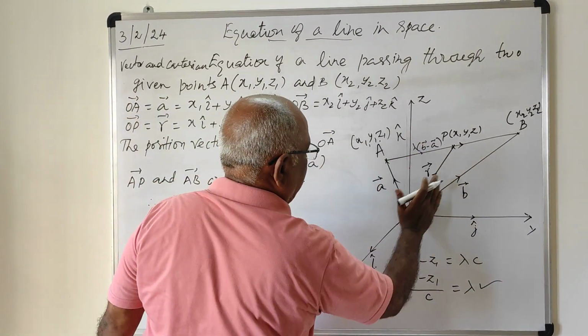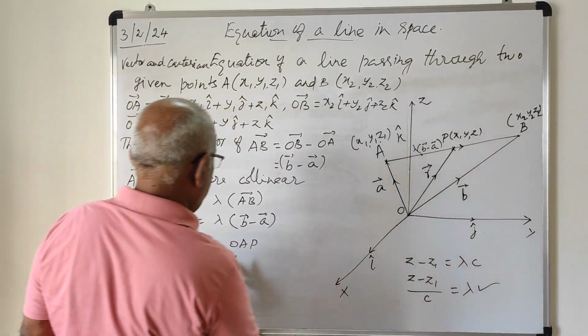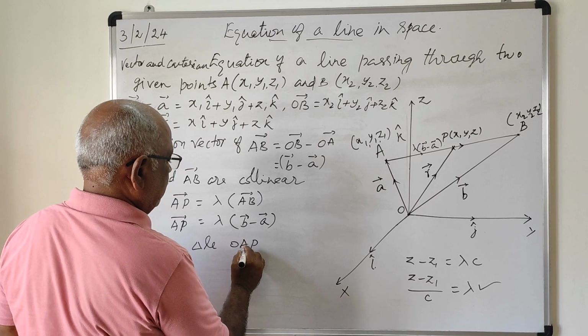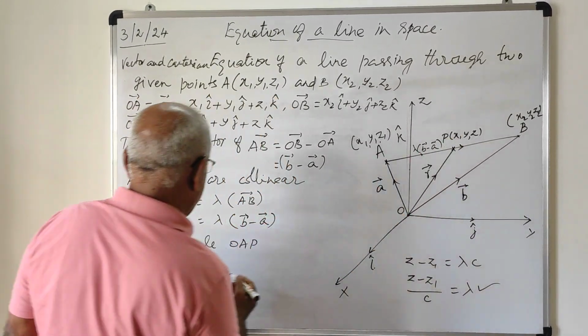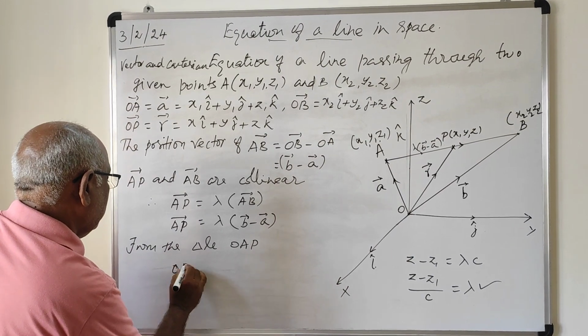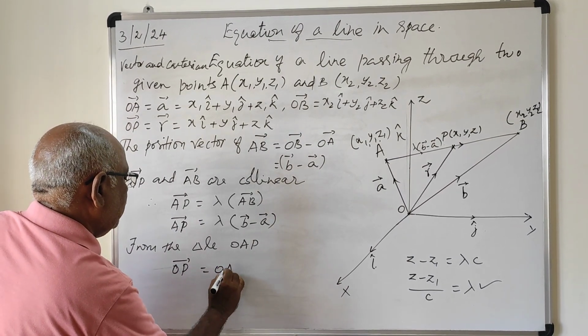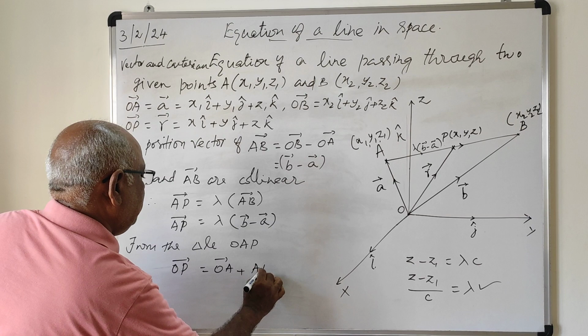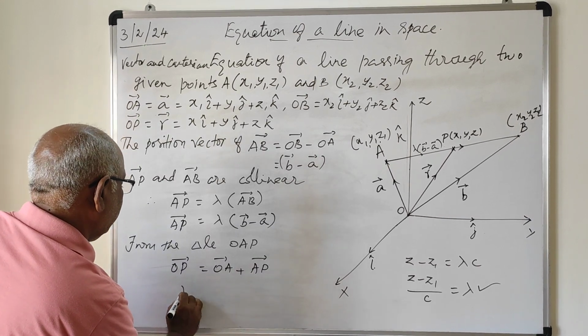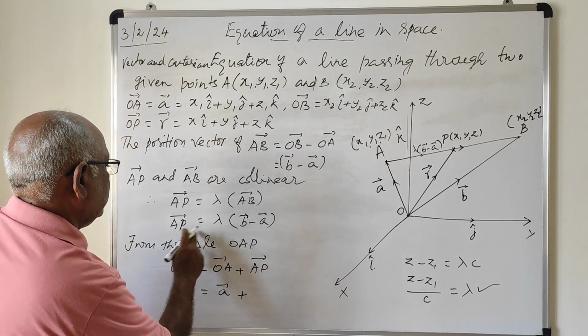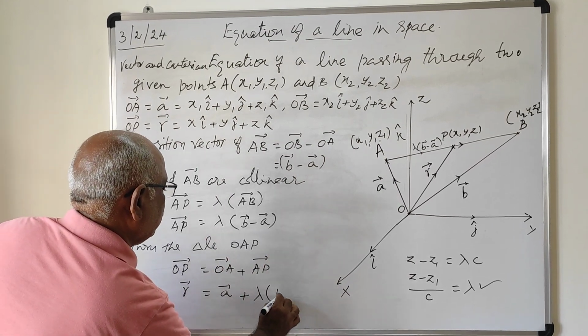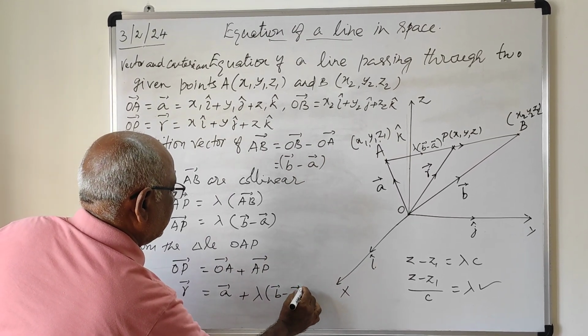Consider the small triangle OAP. OP vector equals OA plus AP vector. You know OP vector is the R vector, OA vector is the A vector, plus AP vector, which is lambda times B minus A.